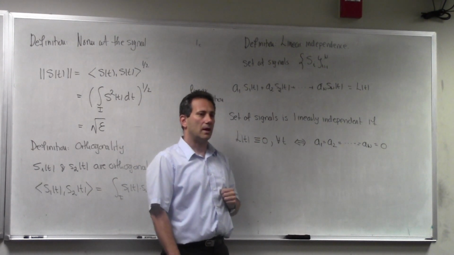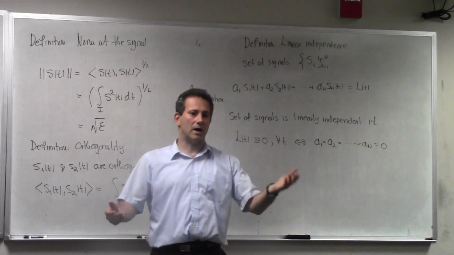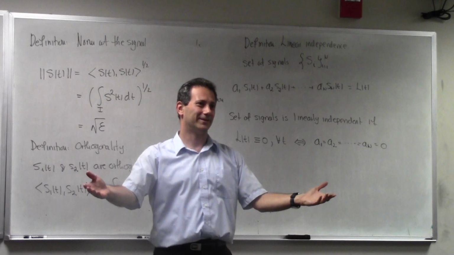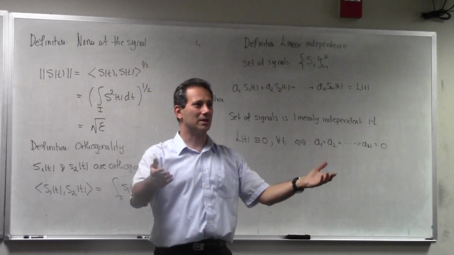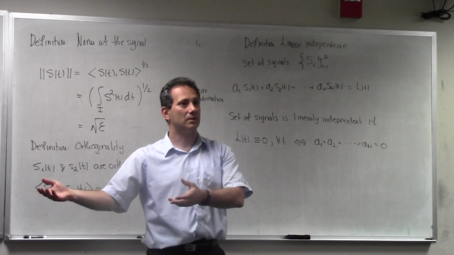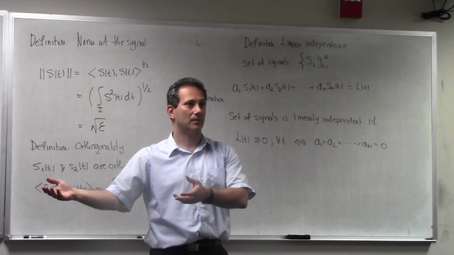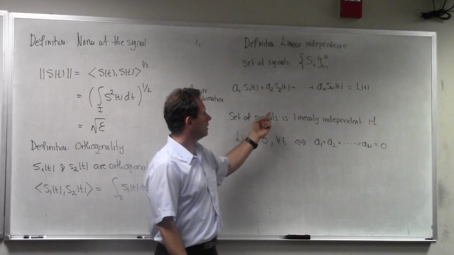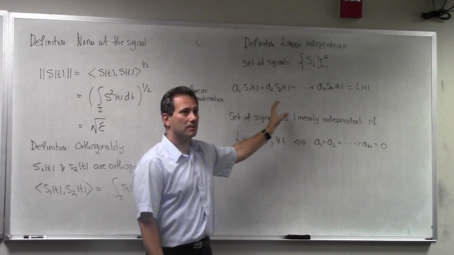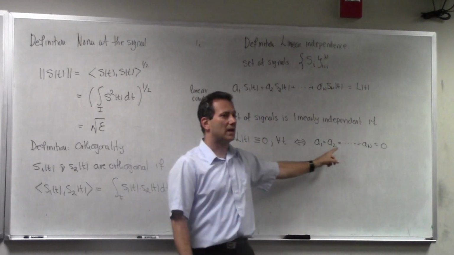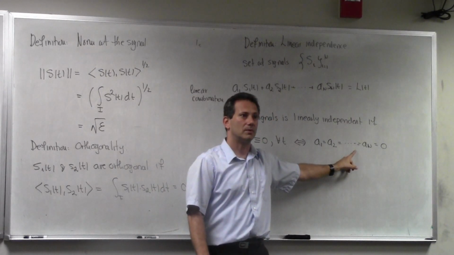And I can have 2 outcomes: I can either do it or I cannot do it. Some signals, when you mix them, can cancel each other, and some signals, when you mix them, will never cancel each other. If these signals, when I mix them, can cancel each other only if all of these A's are equal to 0.